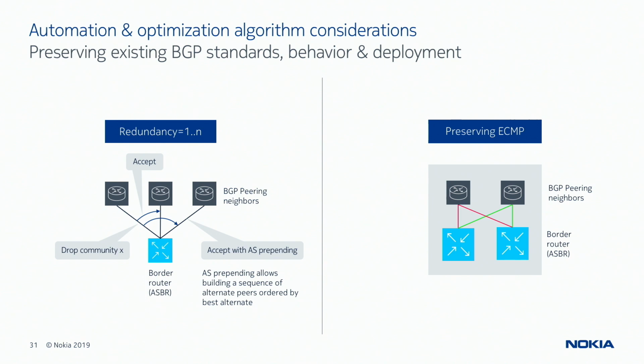Things like ECMP, most of which are already deployed, the automation algorithm has to take into account. So if you are moving a community, you will say, I will move it preferably to this one, but the algorithm already plans what the alternates are if this one fails or hits certain thresholds.